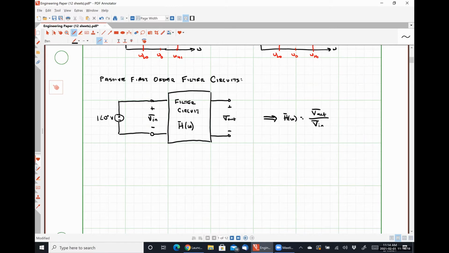And that's specifically why we're using 1∠0 volts as our input voltage, so that if we can determine what the output voltage of our system is and divide it by 1, we know the transfer function very, very easily.